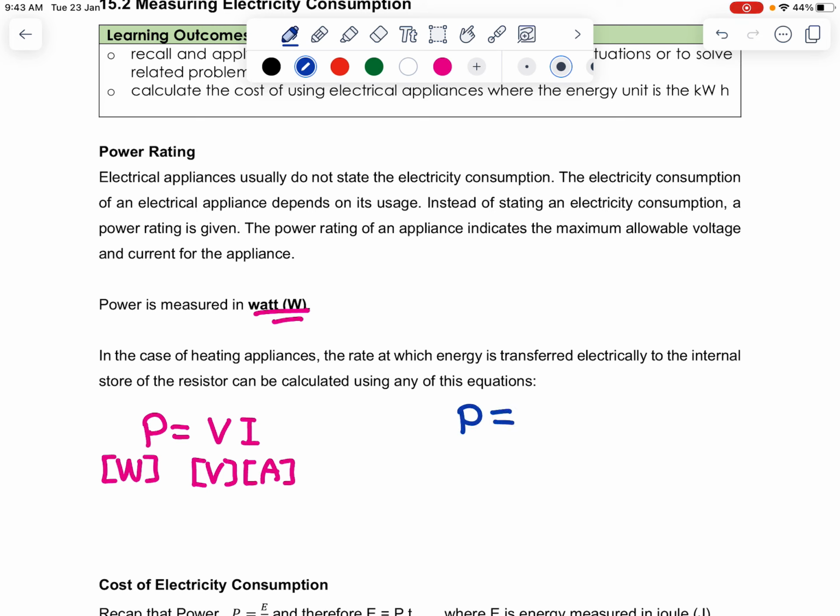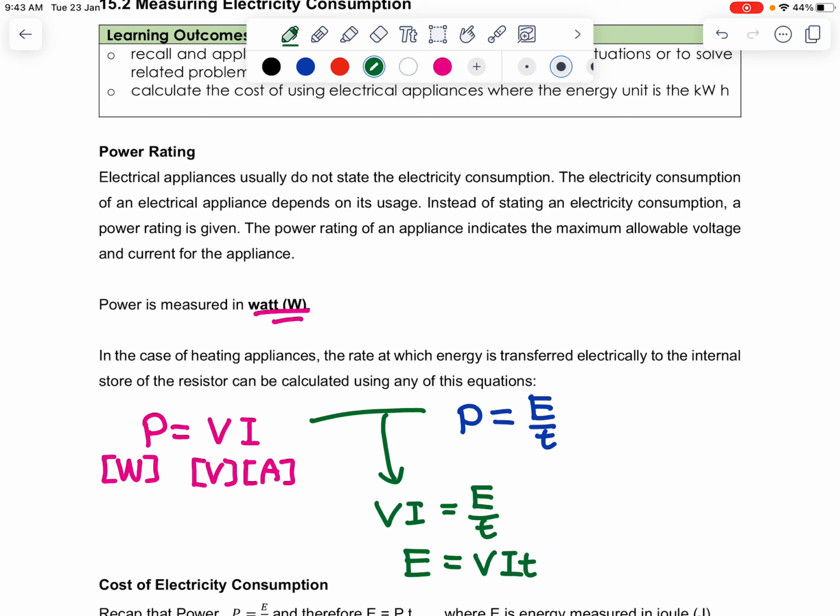Power is equal to work done over time, or energy over time. Combining these two formulas together, we get VI equals E over T. E, energy, is equal to VIT. And that is the formula you need to use for today.